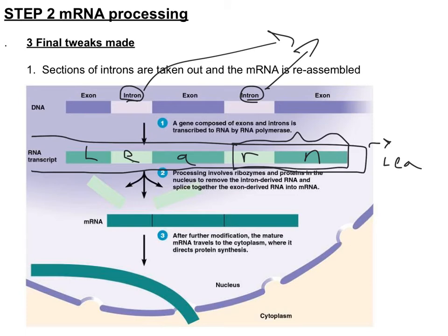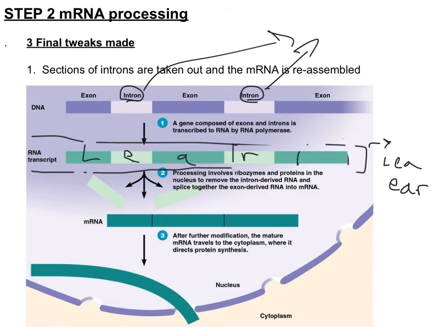Alternately, if you did not want to take those out, you could keep those in. And you could take the L out, and the N out, and you would have EAR, right?